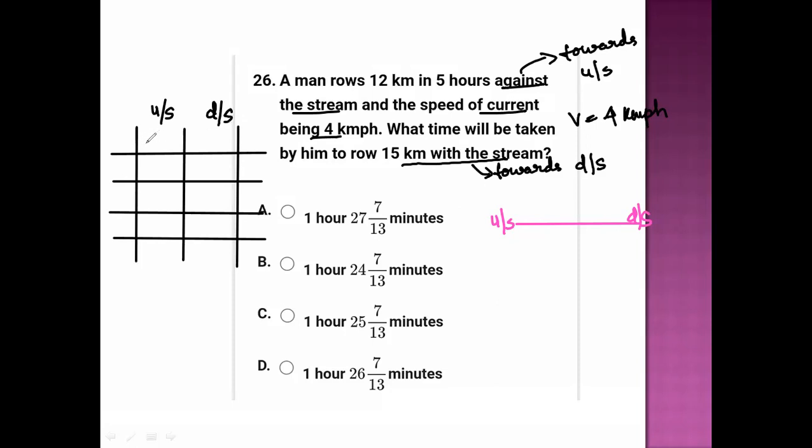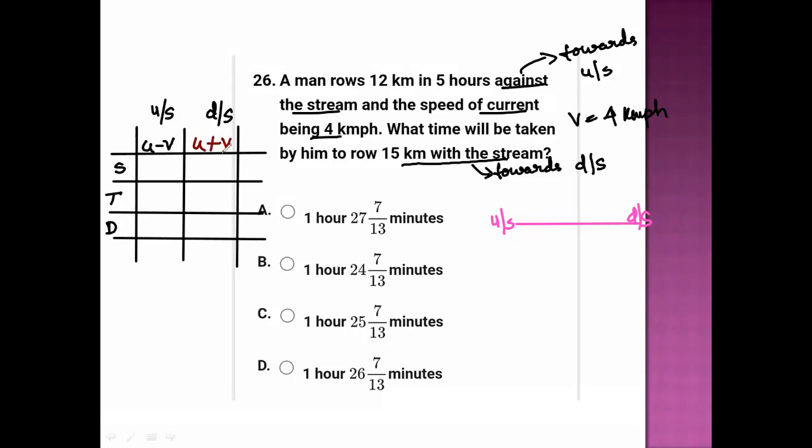You know that for upstream, this is the speed, this is the time, this is the distance. Towards the upstream, this will always be u minus v, and for downstream this should always be u plus v. You know this much.